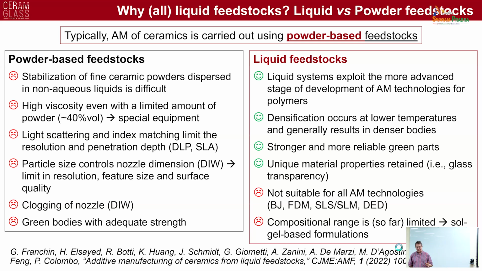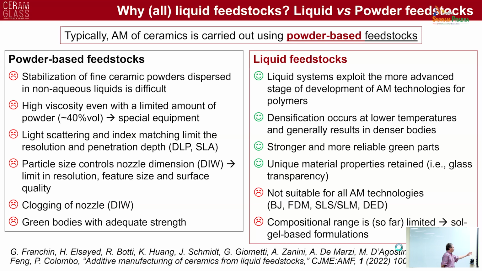These days, some of these issues have been solved using high-intensity light sources, light engines, but you still have issues, for instance, in terms of penetration depth. So the layers are typically quite thin for parts made of silicon carbide, and this means that you have very long processing times.